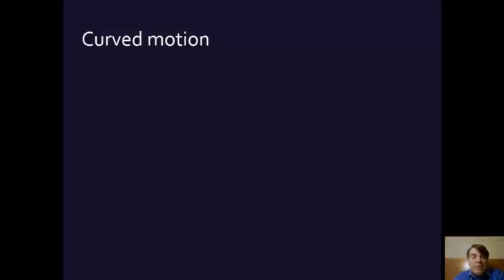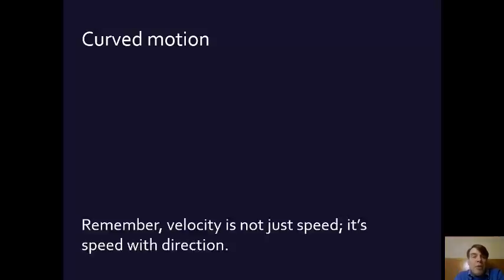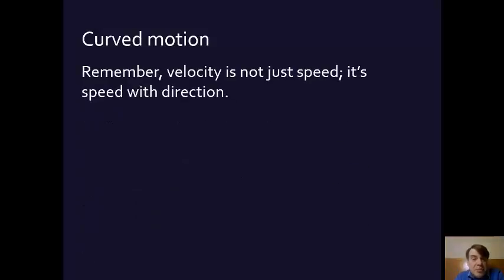But now that we're talking about acceleration, it's appropriate for us to begin to talk about motion on a curve. We haven't talked about that yet. Now, remember, velocity is not just speed, but velocity is speed in a direction. Speed is when we're just talking about, oh, I was going 5 miles an hour.